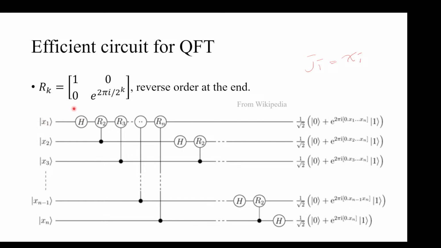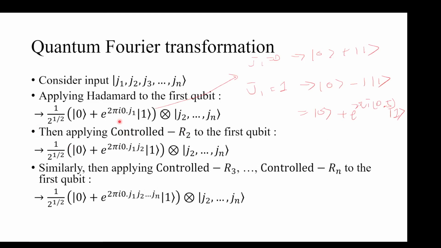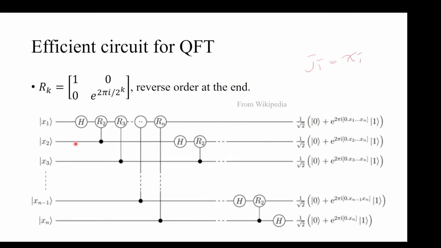And so Hadamard puts this x1 into this e to the 2 pi 0.j1 1. And then you do control R2 on the first qubit. Then the second qubit is J2.